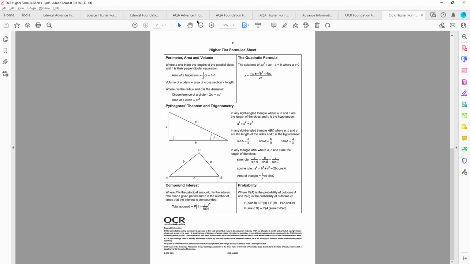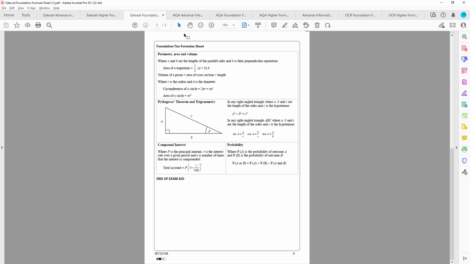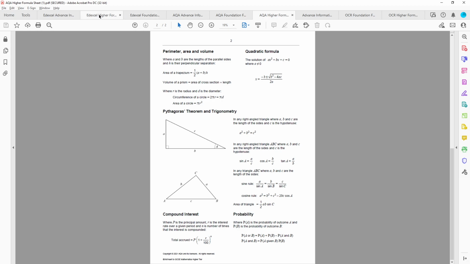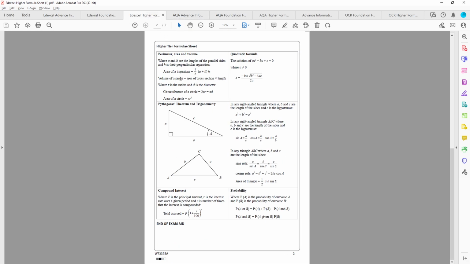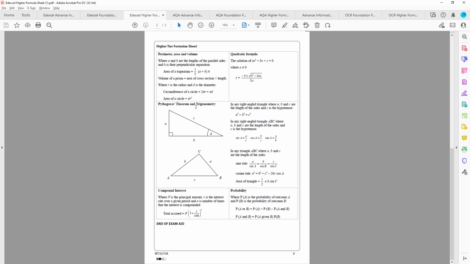And if you're listening to this, what I'm doing now is just flicking between them and noticing they are pretty much the same. I think the higher is in a slightly different place. But if I flick between them, you can see they are exactly the same layout, just almost like the things are in the same part of the page. So Edexcel, AQA, OCR, doesn't matter what you're doing, the formula sheets will be consistent.